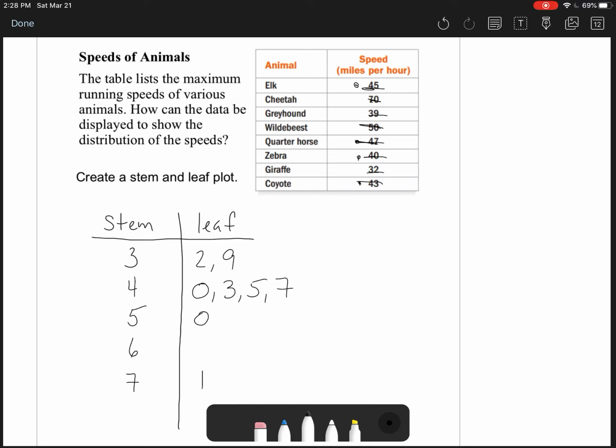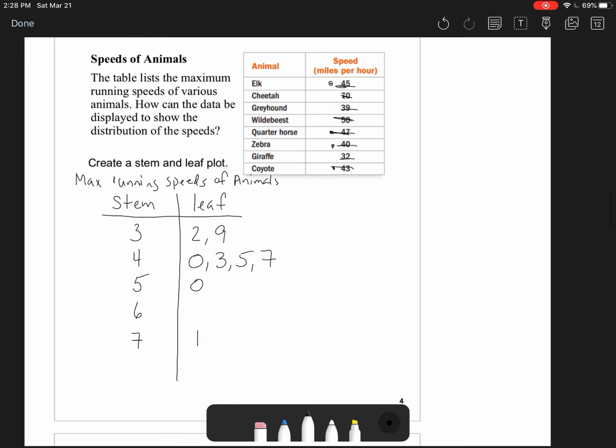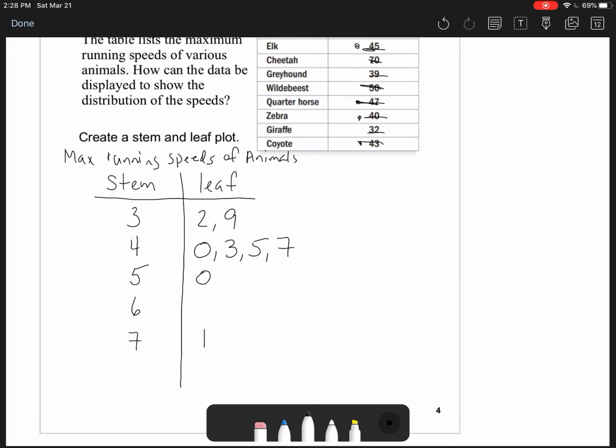Okay. And we can title this maximum running speeds of animals. And if we want to create a little key, it's always good to have a key.